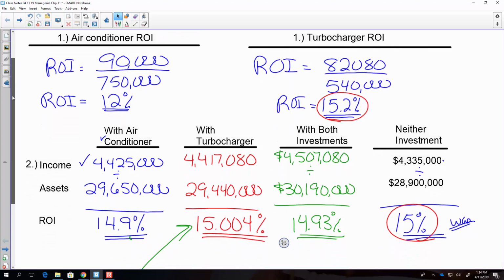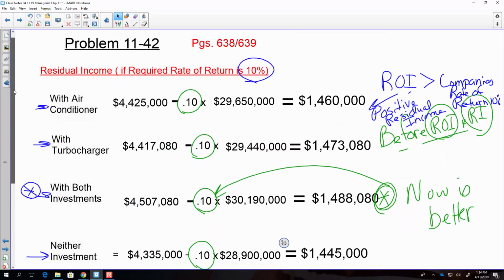Now, we also did a residual income computation. On Tuesday we did a 14% company margin. In the second half of that residual problem, instead of 14, they want us to use a 10%.